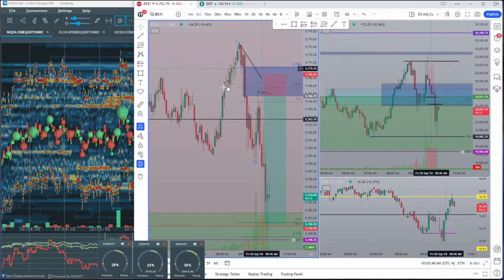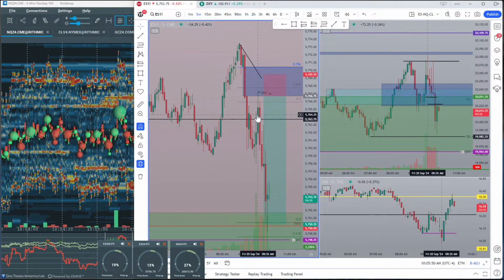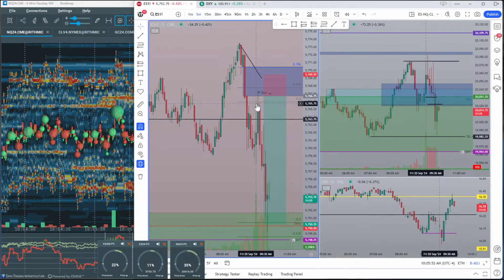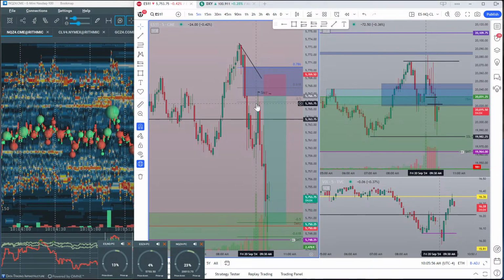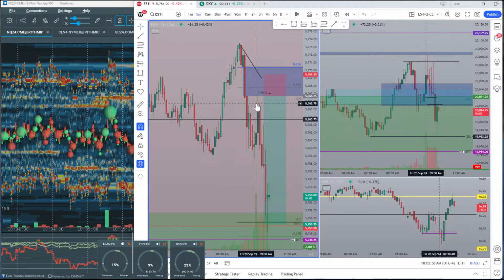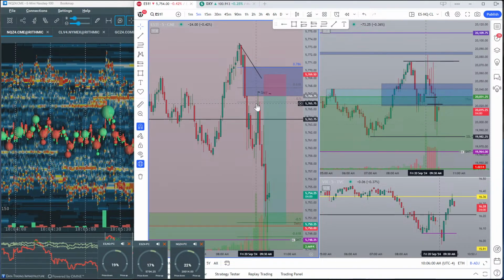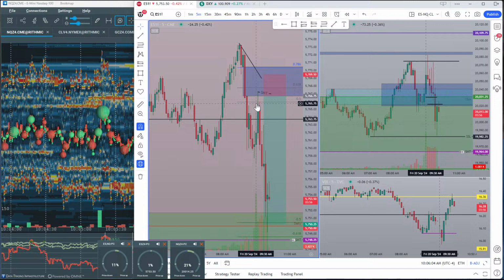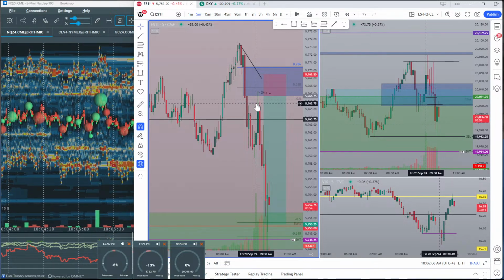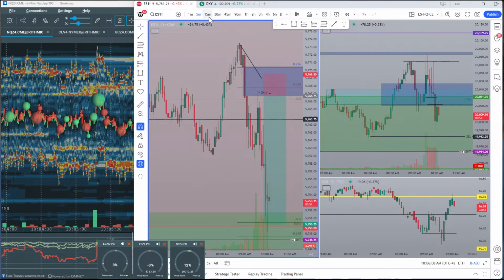ES is weaker. I guess I really got to trust the SMT over the FVG. You know what I'm saying? But it's all a matter of trial, error, back testing, forward testing, and sticking with the same strategy, the same concepts, night in, night out. Day in, day out.